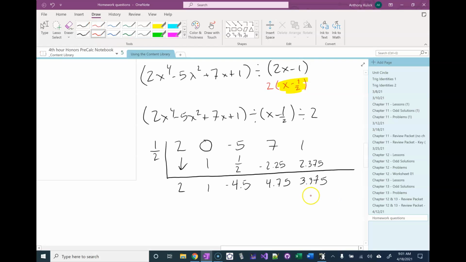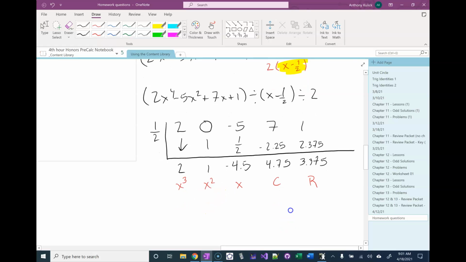So again, remember when we interpret the synthetic division, the number on the far right is the remainder, and then the constant, the x coefficient, the x squared coefficient, the x cubed coefficient.